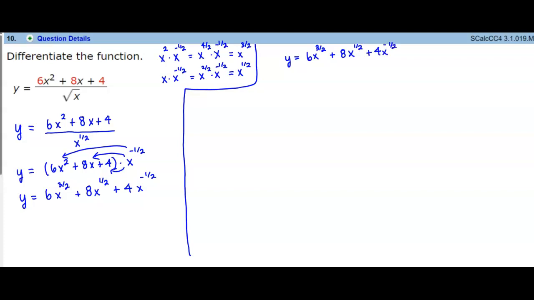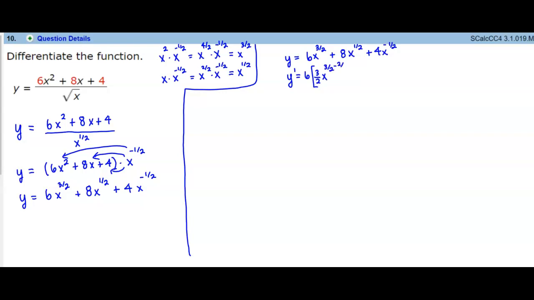Okay, well, what do we know here? Well, to find the derivative, we're going to take 6, and that's going to be times 3 over 2 x to the 3 over 2 minus 1.